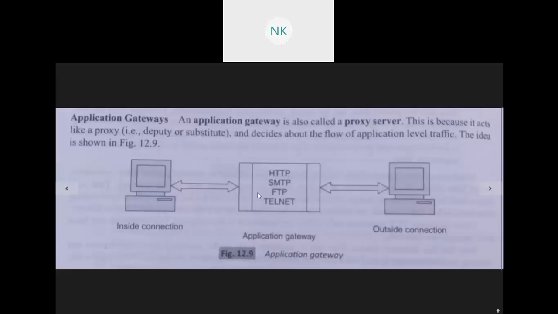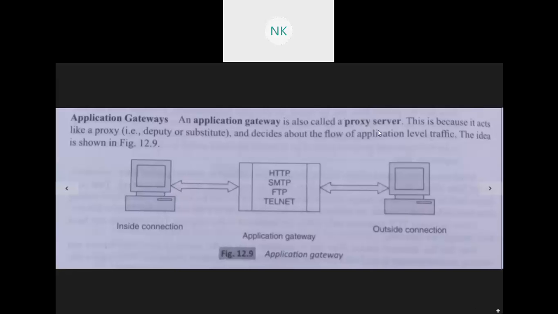Suppose this is the application gateway and this is known as a proxy server. This is the user computer through which a user is connected to a host.